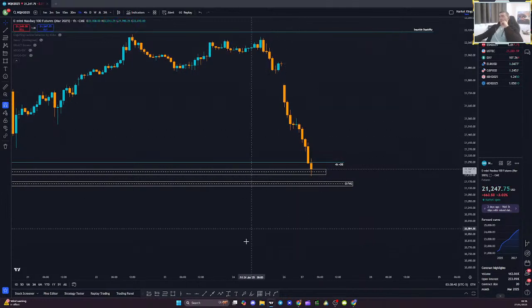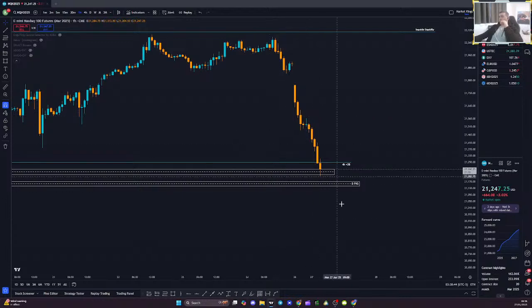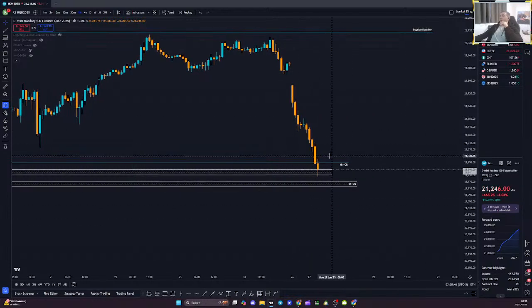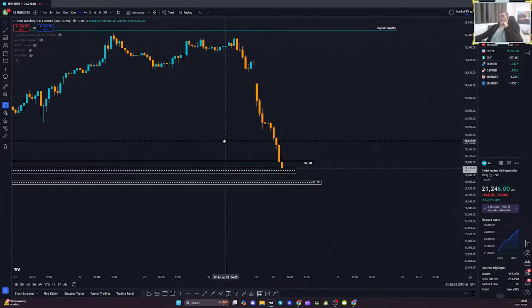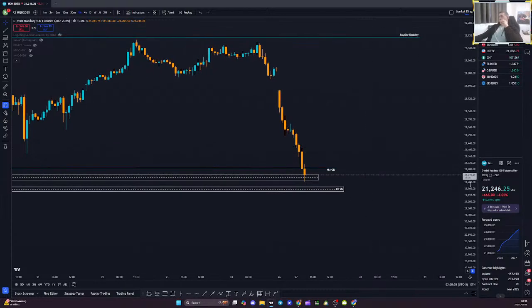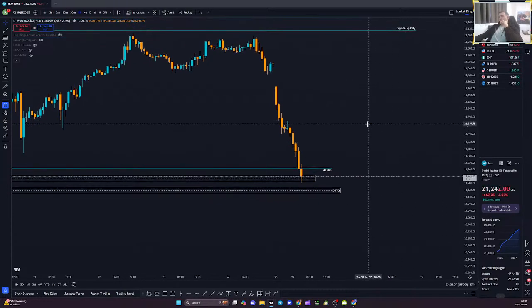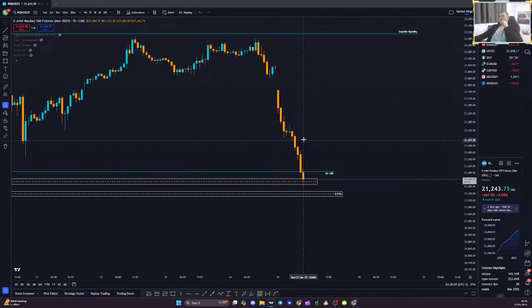Like there was no resistance whatsoever. We were just going lower and lower and lower. And now, if we are gonna go back up, then it's gonna be high resistance, meaning a lot of pullbacks, a lot of choppiness, and it's gonna take time to get back up. It's not gonna happen today.